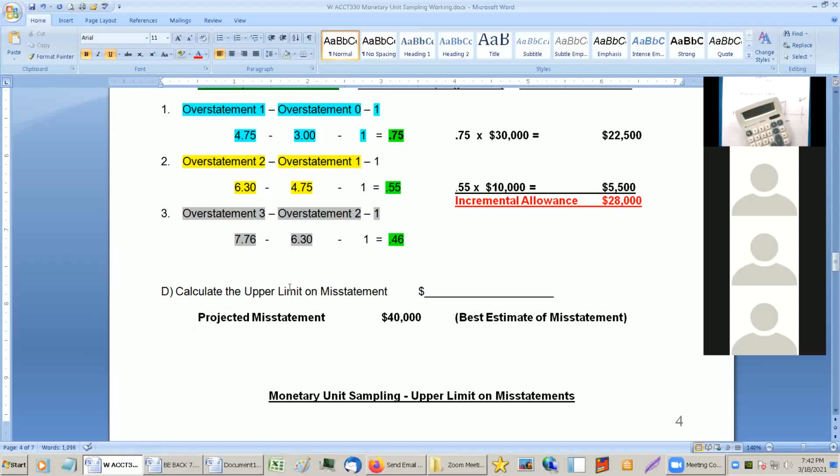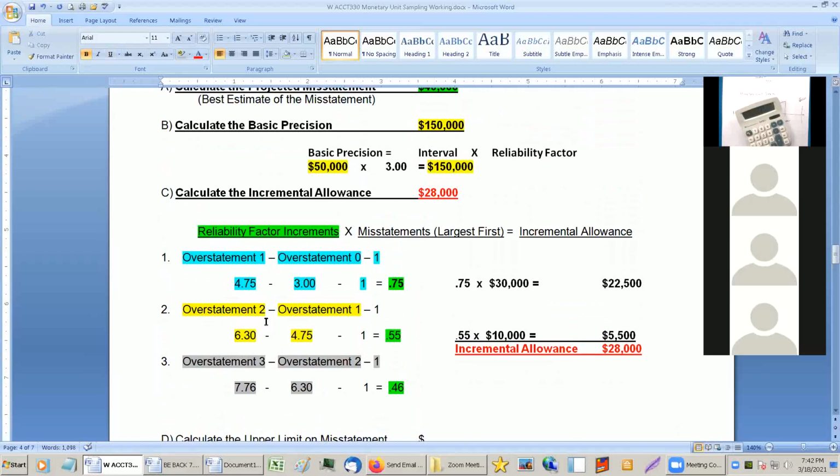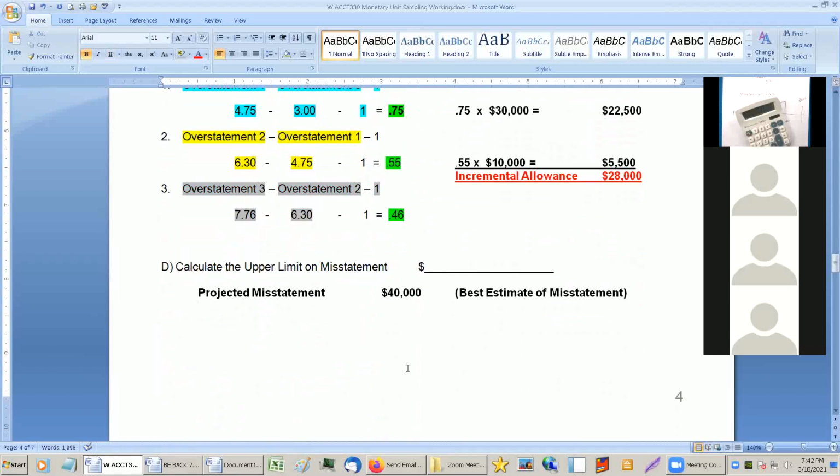We're also going to have our basic precision. And this is the error that could be there, even if there was the misstatement that could possibly be there, even if there were no errors.